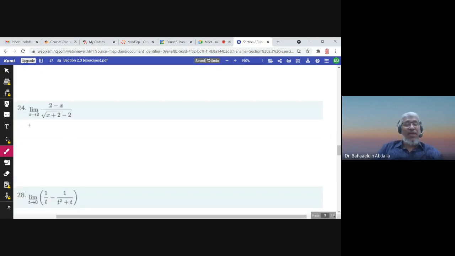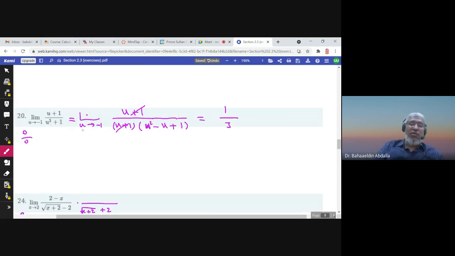If you replace x by 2 here, you get 0 over 0. The square root of 4 is 2, and 2 minus 2 is 0. We have a square root minus a number. In this case, we multiply by the conjugate of this. The conjugate is the square root of x plus 2, plus 2.